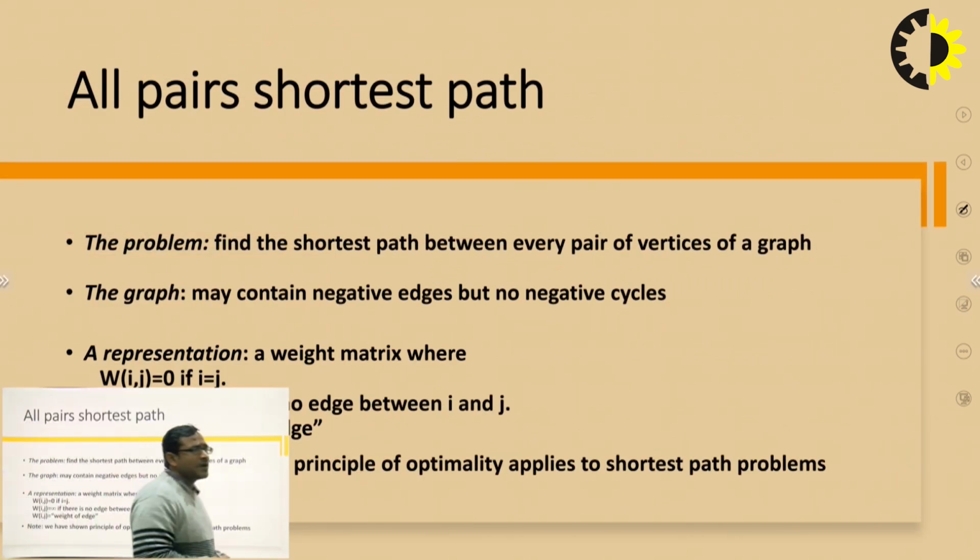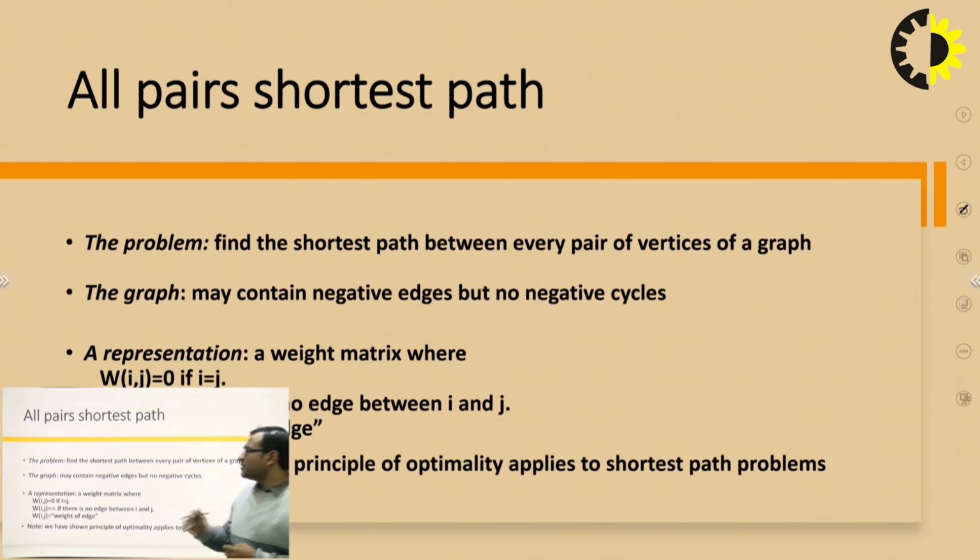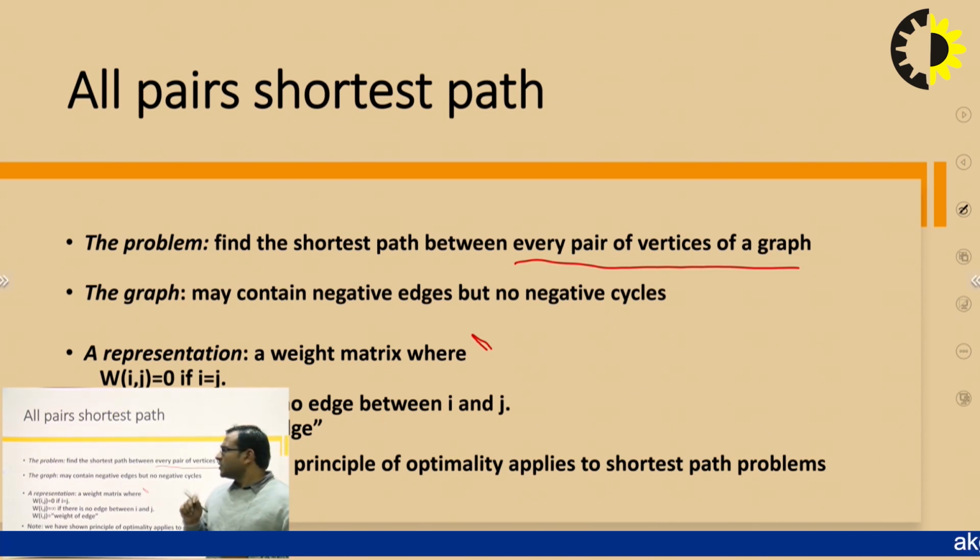So what is the all pair shortest path problem? The problem is to find the shortest path between every pair of vertices of a graph. Suppose we have 4 nodes, 1, 2, 3, 4.